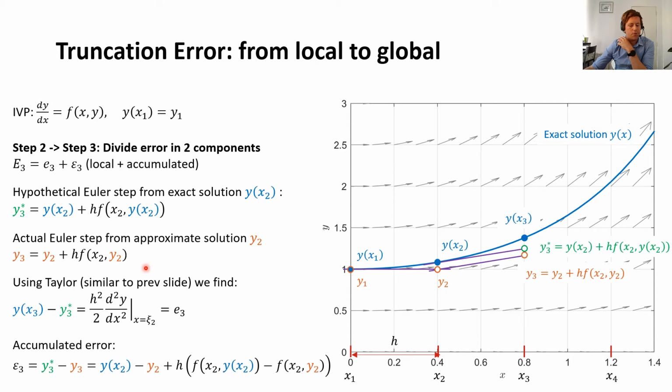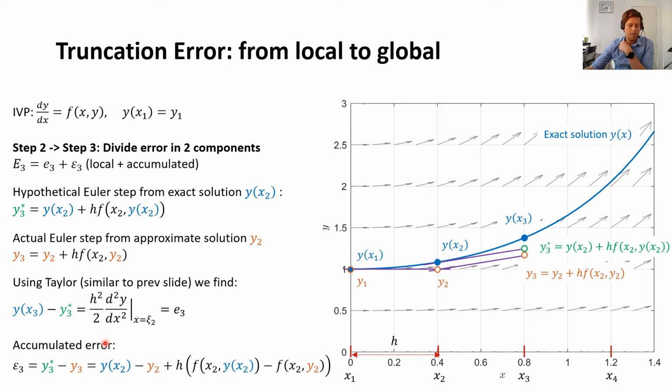And let's also try to say something about the accumulated error. So the accumulated error, that is the difference between the green dot and the orange dot here. And we can simply plug in these expressions for y3 star and for y3 in there. And then we see that this consists of actually two parts.